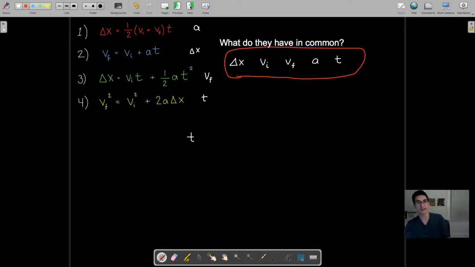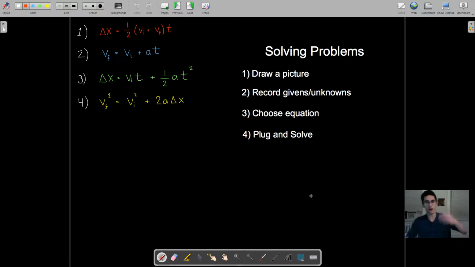So let's go ahead and take a look at what solving a problem with one of these equations looks like, okay? Our problem-solving process is going to be a four-step process. And here's what the steps look like. The first step in solving a problem, after reading it, of course, is to draw a picture to represent the problem. Draw some kind of diagram, some kind of visual to help you visualize what's actually happening in the problem.